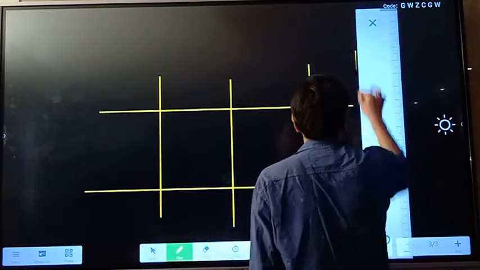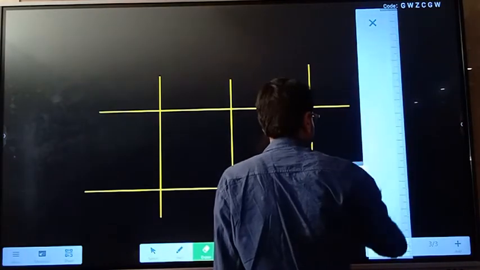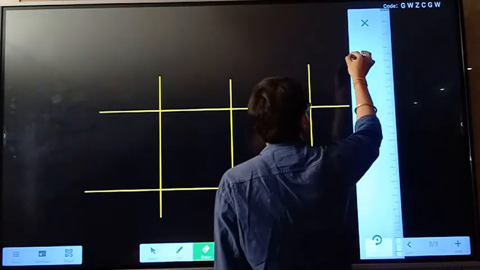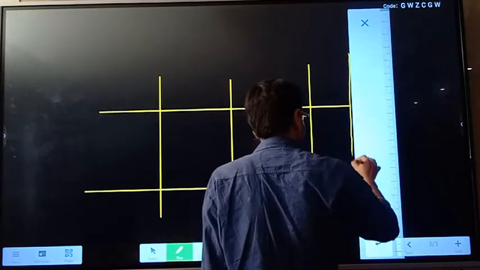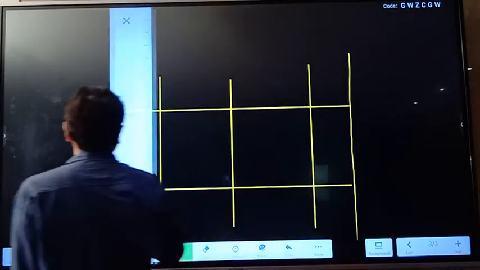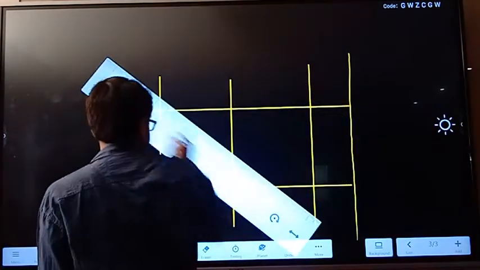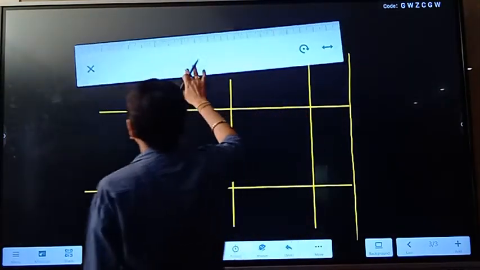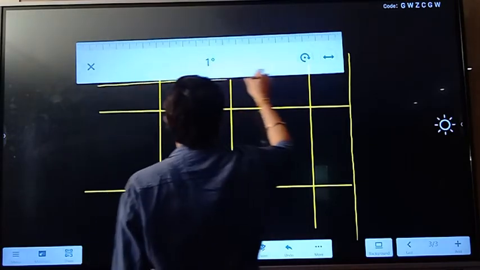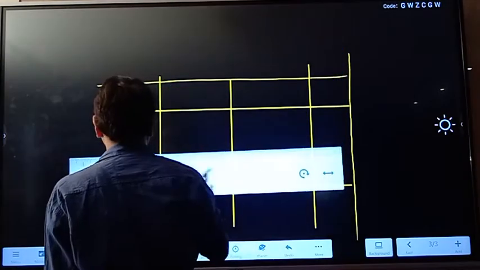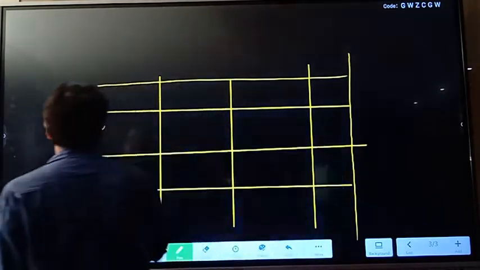Let's sum up the properties. Immediately we'll sum up the properties. Clear?